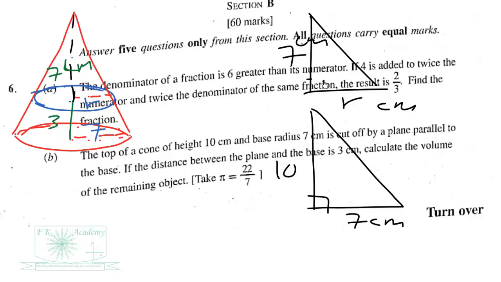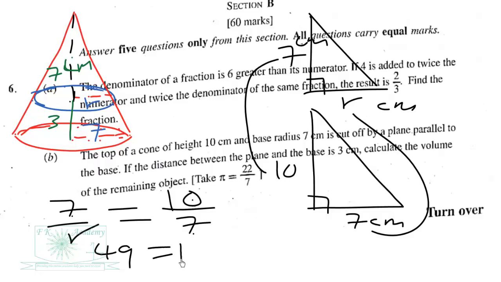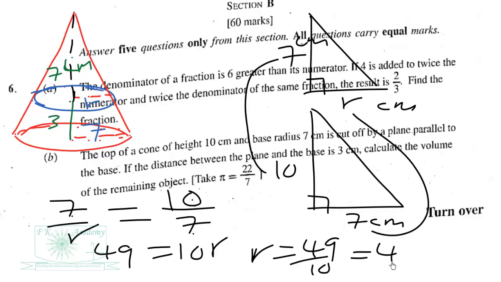So 7 over r should be equal to 10 over 7. So 7 by 7 will be 49, equal to 10r. So r will be equal to 49 over 10, which is 4.9 centimeters.